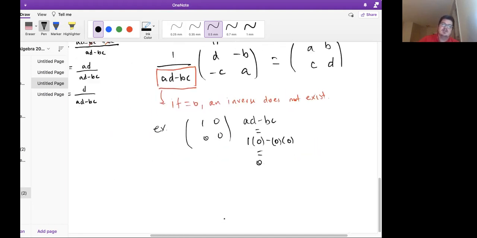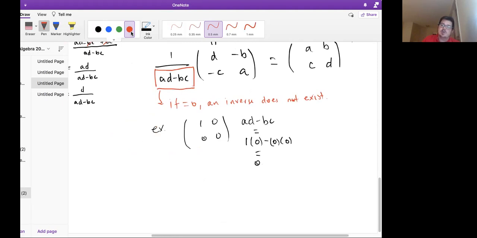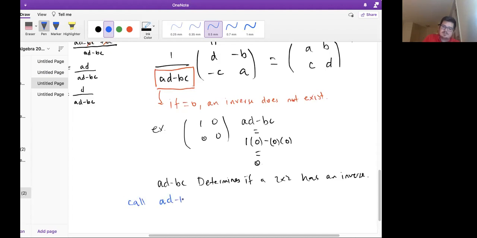Something we'll talk about in section 2.1: this AD minus BC determines if a 2 by 2 has an inverse. So if it determines it, we're going to call it a determinant, the determinant of a 2 by 2.